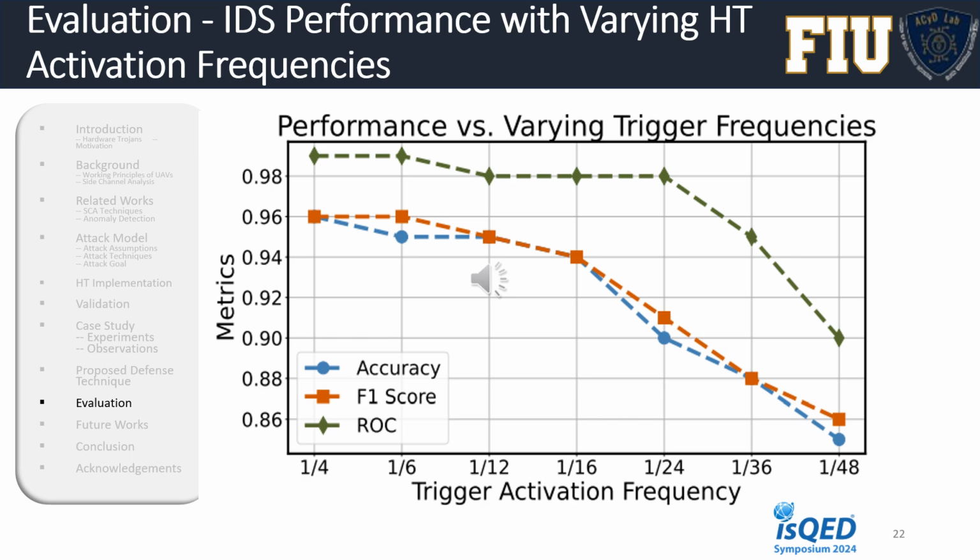There's a good ROC value at 1/48th of a time. Obviously, the more frequently the hardware Trojan is activated, the better the metrics results are. In this case, even the ROC at 1/4 of a time is almost at 100. So it's really good. It's definitely acceptable at different trigger activation frequencies.